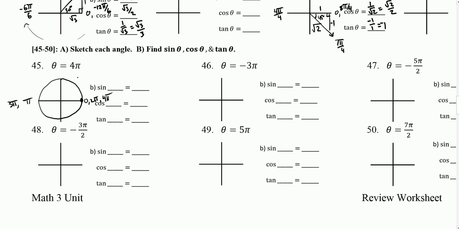That's at the coordinate 1, 0. And so the sine of 4 pi is your y value of your coordinate, which is 0. The cosine of 4 pi is the x coordinate, which is 1. And the tangent of 4 pi is y divided by x, which is 0 over 1, which is 0.